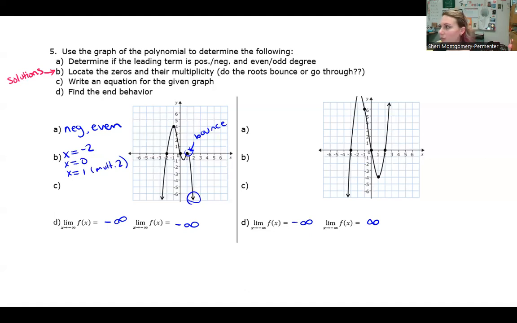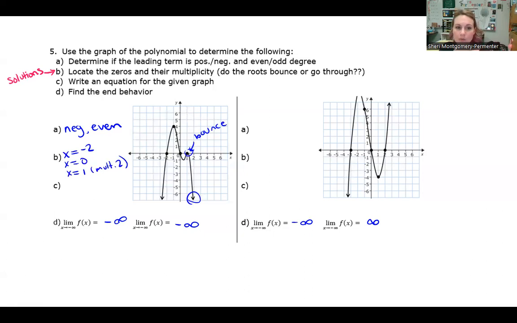And I'm going to use the lowest multiplicity possible. I know it bounces. So technically, it could be to the 4th power or with a 6th multiplicity. Any even multiplicity would cause that to bounce. I'm going to pick the lowest one, which is a multiplicity of 2.